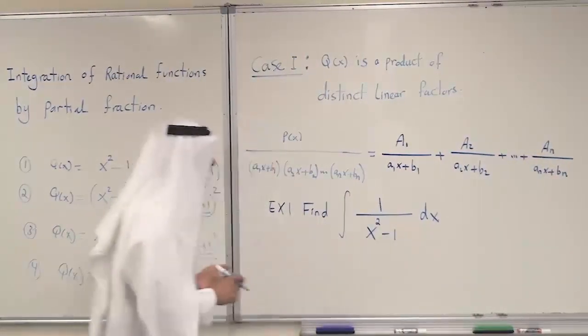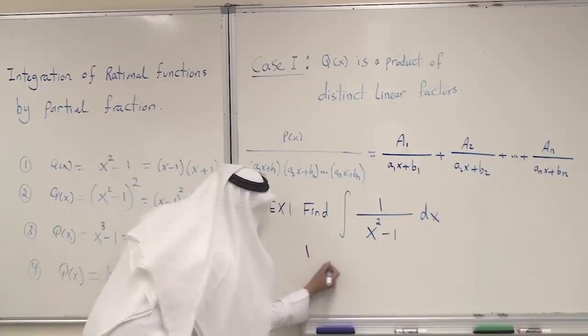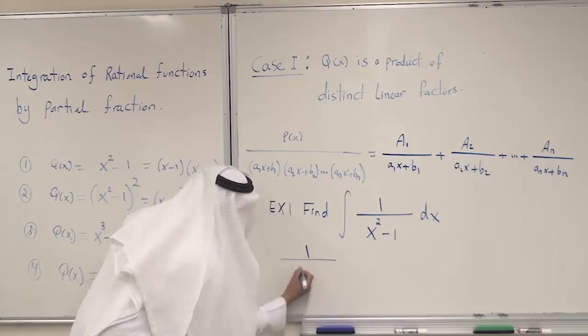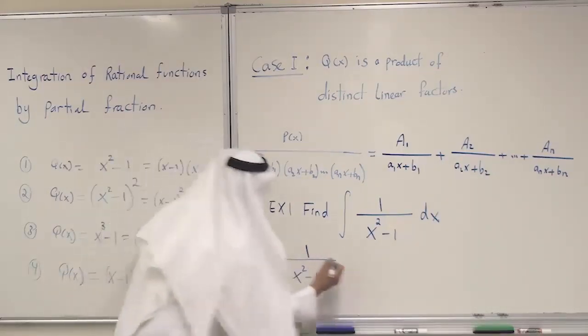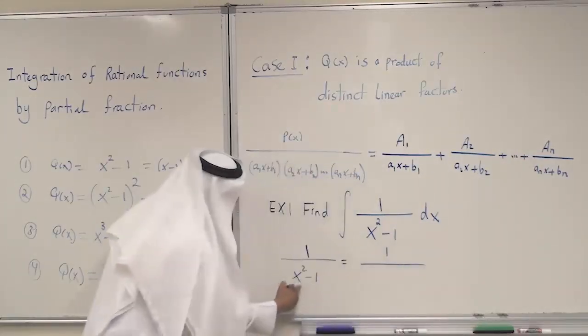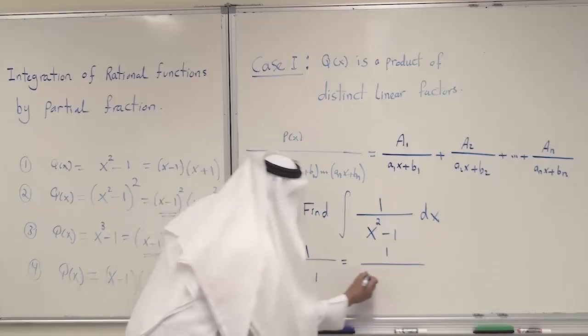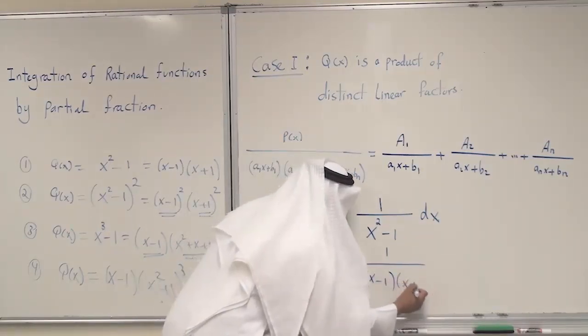Okay, fine. After that, I need to rewrite 1 over x squared minus 1. I need to first factor out the denominator. So this is equal to 1 over, what is this? x squared minus 1, difference of 2 squares. So this is x minus 1 times what? x plus 1.